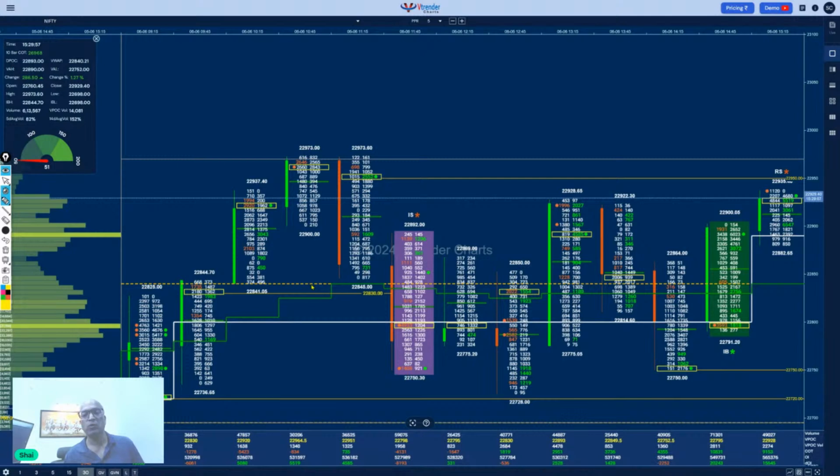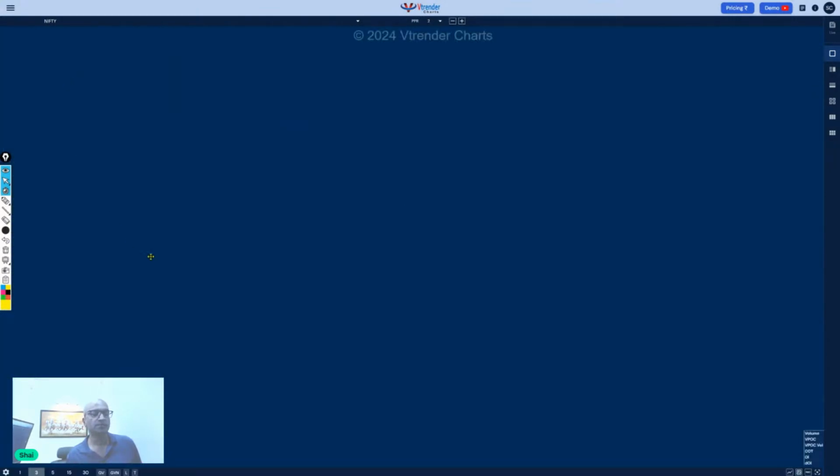It's where you are going to be executing and how you're going to be executing, and you're going to be executing along with initiative activity on a caught which is green for buyers or red for sellers, right? So if I see an IB candle and I do not see a 10 bar caught red, I am not going to sell, right? But when I see an IB bar and a 10 bar caught in green, I'm going to buy. And the same thing I'm going to do when it is a 3-minute chart.